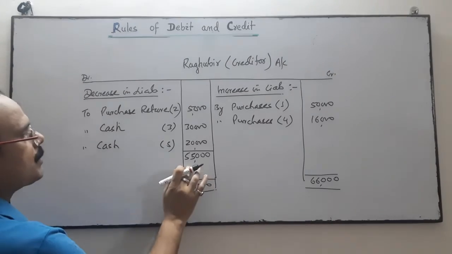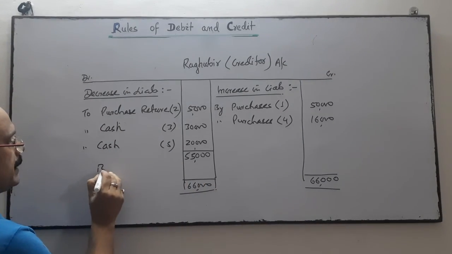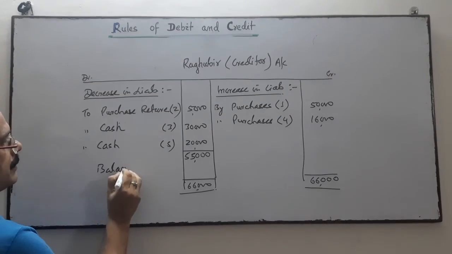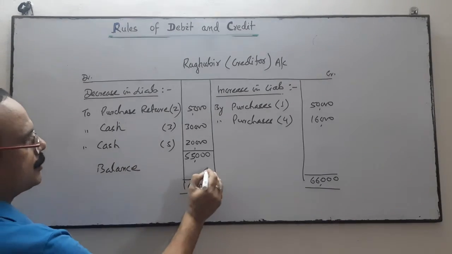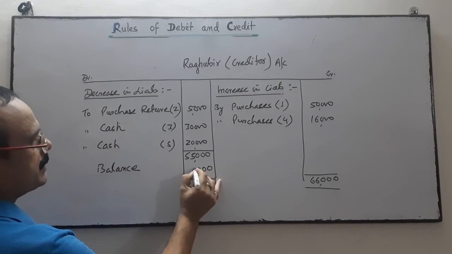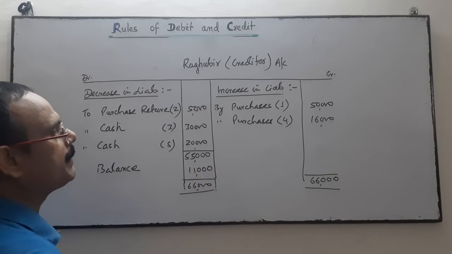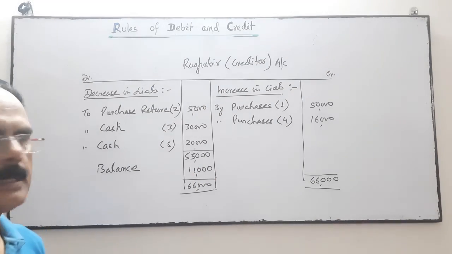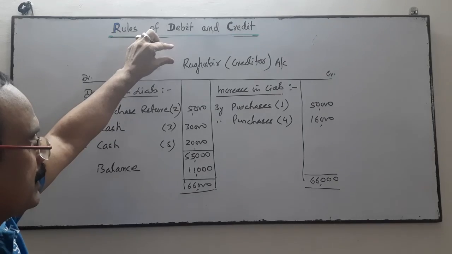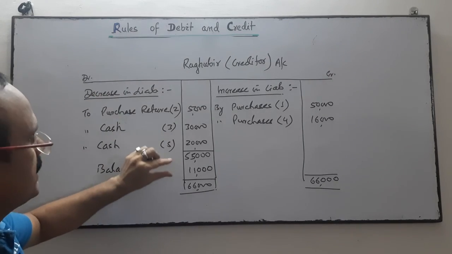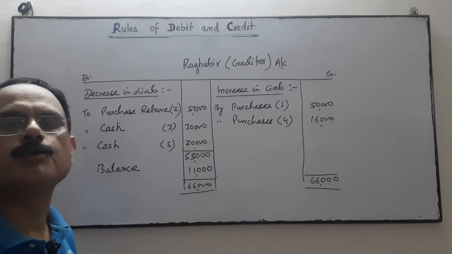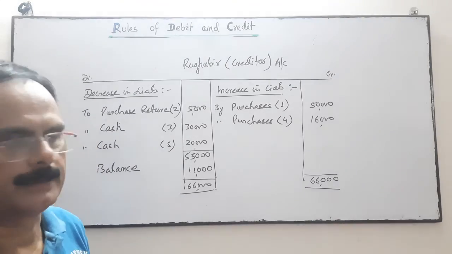So the difference amount I am going to write. This indicates your balance. So balance is how much? Balance is 11,000. This is the balance amount of creditor Raghuveer. It means this much amount we will pay to Raghuveer in future. Okay.